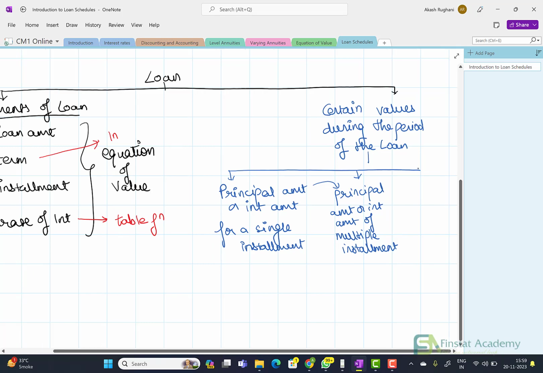Finally, it may also be to find the total interest paid during the loan.